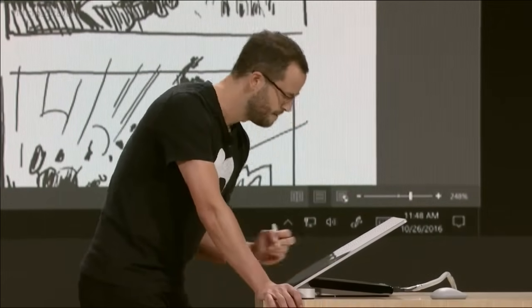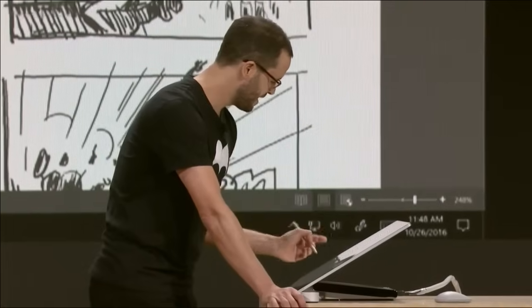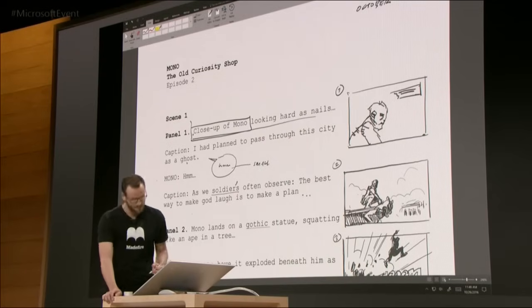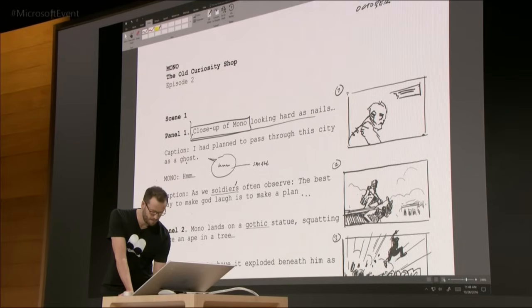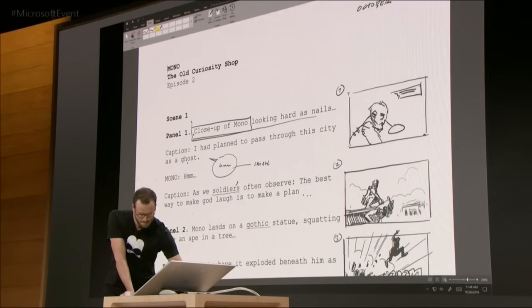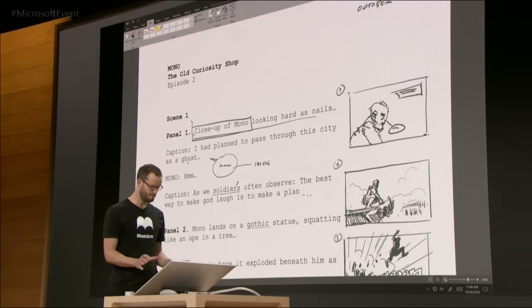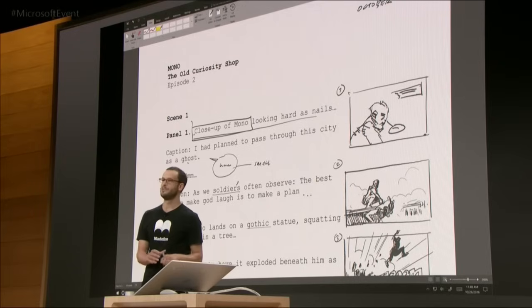That's not too bad. And I've got a caption, which I'm going to pop up here. And I've got a dialogue, which I will put here. So I'm pretty happy with that. And here it's very simple to do.